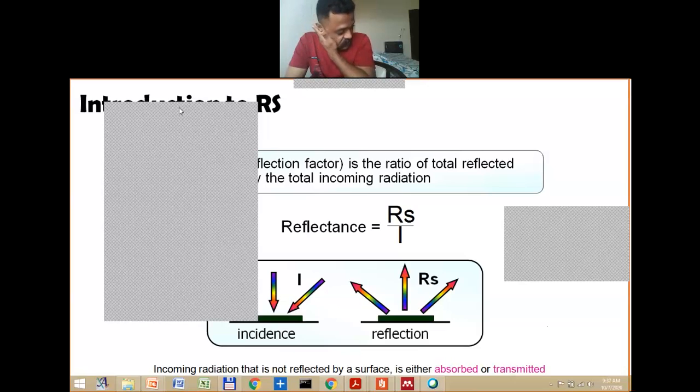If you're seeing something in green color, particularly the leaves of trees or a paddy field, it means that because of the chlorophyll present in a leaf, it is absorbing all the energy coming from the sun except the green wavelength, which it is reflecting back.